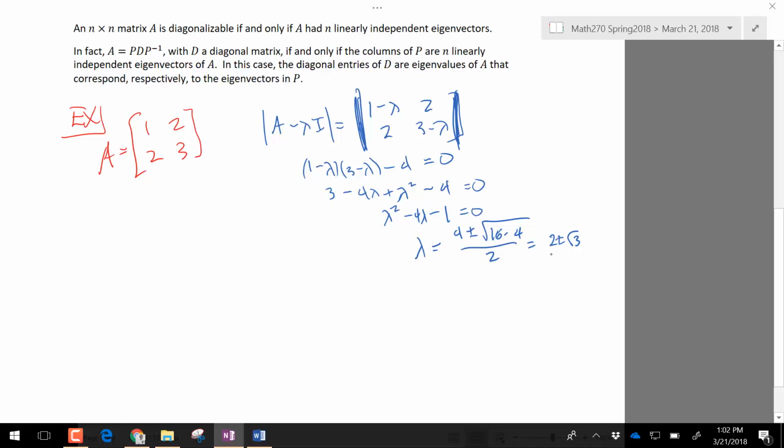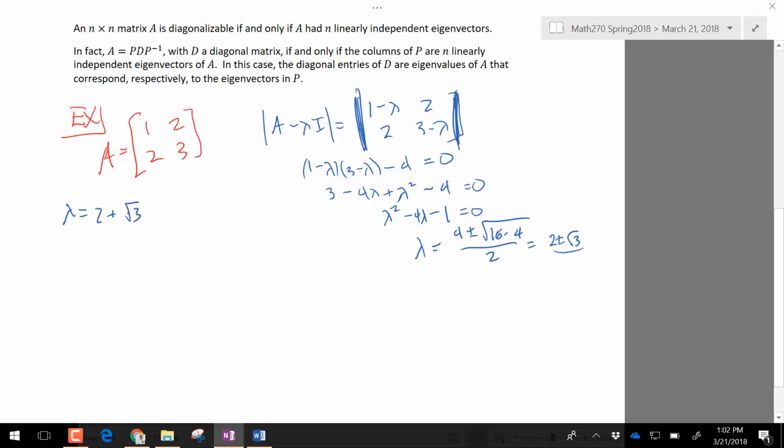So in any case, if we set up our diagonal matrix, we can find our eigenvectors for each eigenvalue by finding the solution to the null space when we put the specific lambda in.